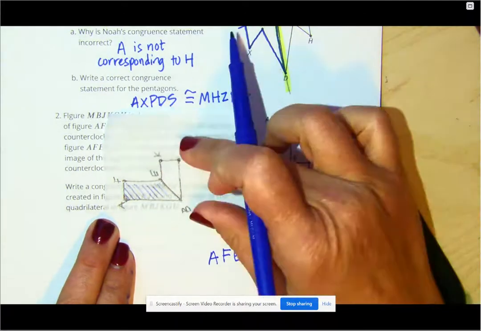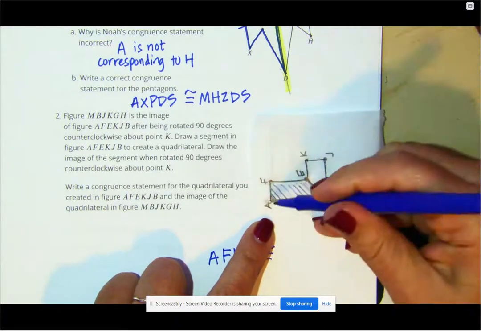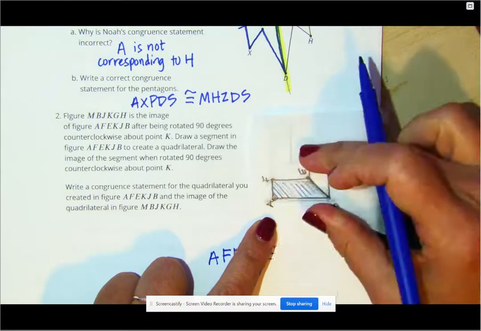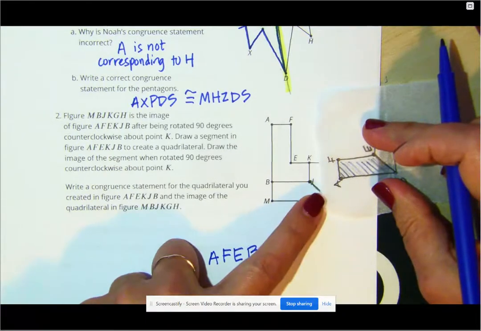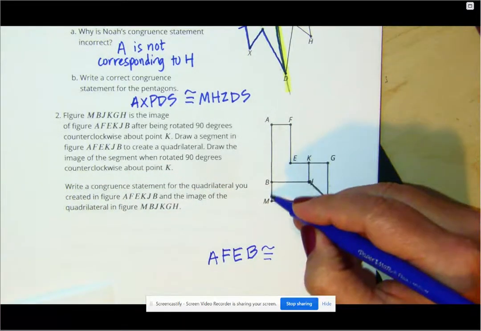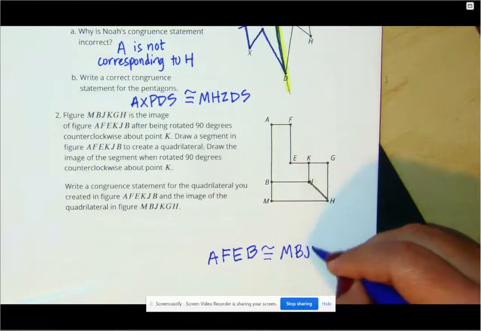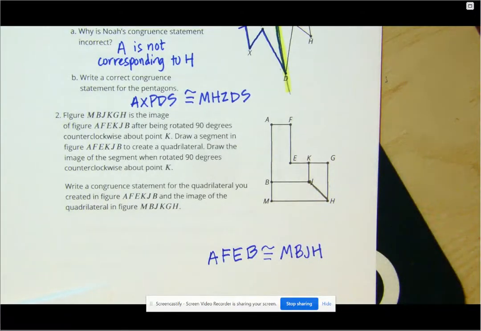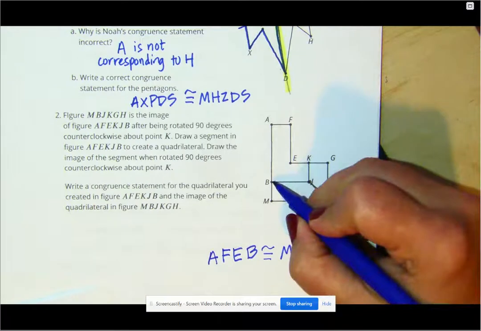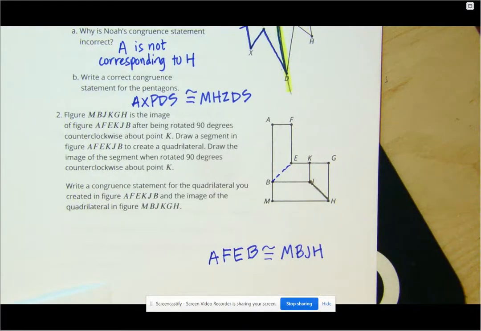So A, look, I said A first, I got to say the point that corresponds to A, which is M. And then I went this way. I went A, F, E, B. So I have to go M, B, J, H. And I probably could have created a different quadrilateral too, right? That's just the one I created.